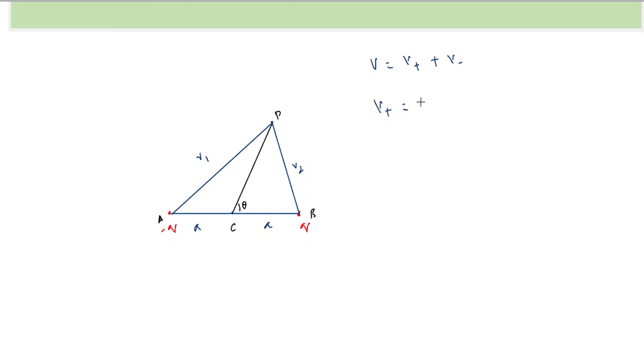V plus is equal to Kq by BP, and V minus would be K(minus q) by AP. But in this case, the distances BP and AP are not the same, because R2 is less than R1. They are different distances. In terms of R1, R2, this becomes by R2, this is by R1.